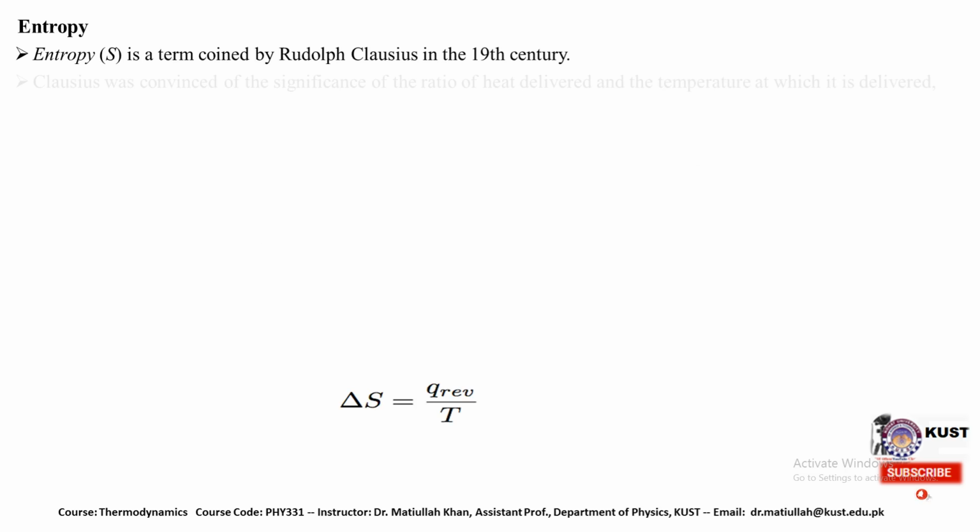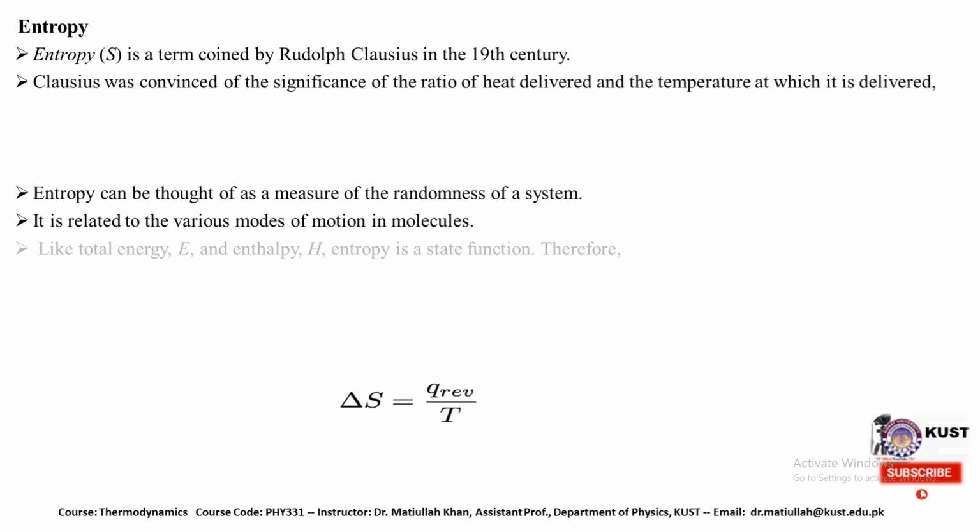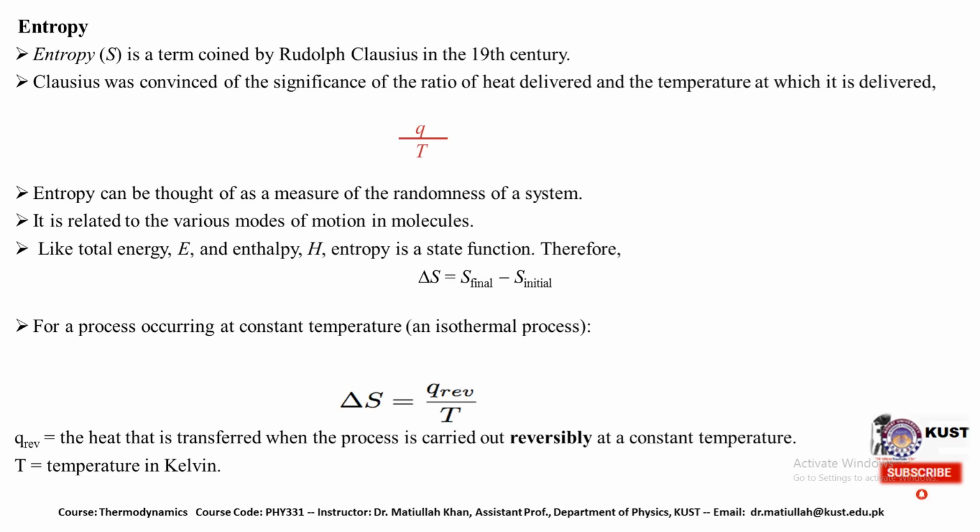We have the entropy of a system, which could be described by the second law of thermodynamics, and we already discussed in the initial slide that the second law of thermodynamics gives us the concept of entropy. Entropy is a term coined by Clausius in the 19th century, who was convinced of the significance of the ratio of heat delivered and the temperature at which it is delivered.